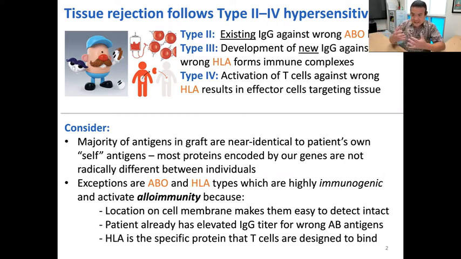In other words, the kidney cells are perfectly healthy, normal human kidney cells, and the proteins that they make as part of normal cellular function, many of, if not most of them, would have little variation between the version that the donor has and the version that the recipient has, right?